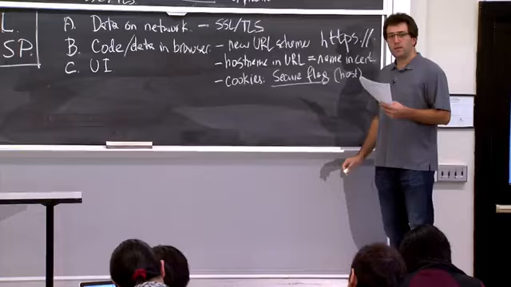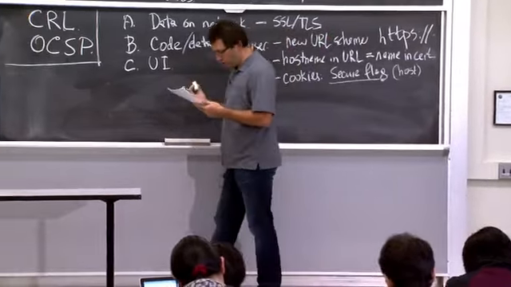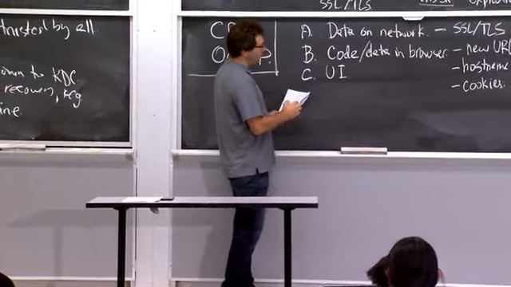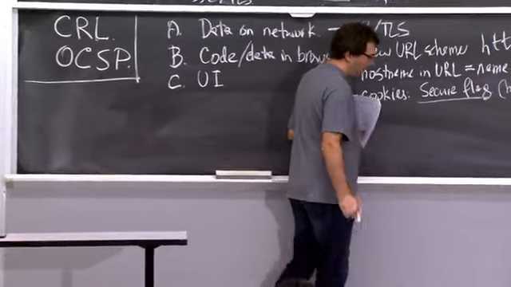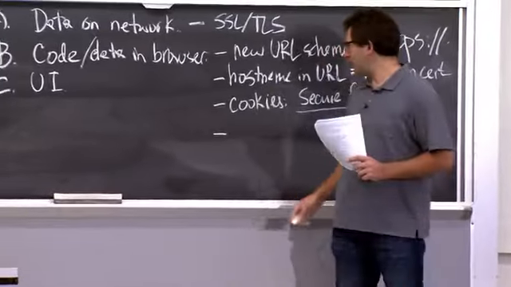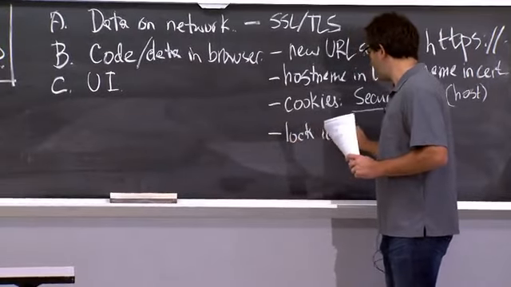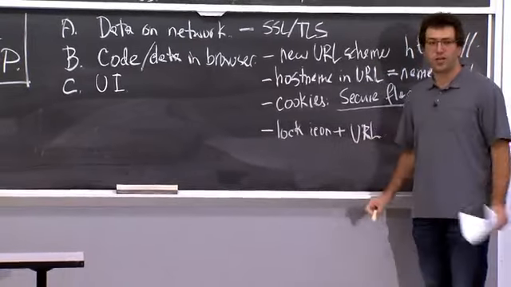Make sense? All right. And the final bit that web browsers do to try to help us along in this plan is for the UI aspect. They're going to introduce some kind of a lock icon that users are supposed to see. So there's a lock icon in your browser, plus you're supposed to look at the URL to figure out which site you're on.